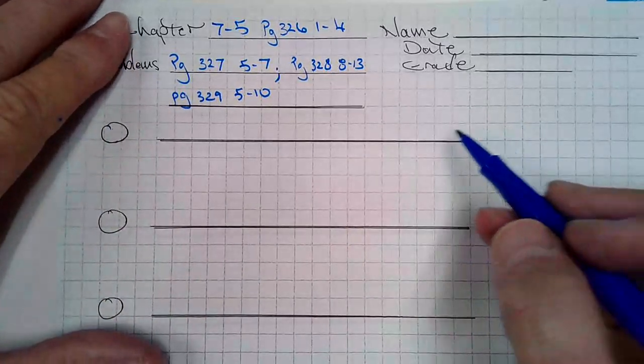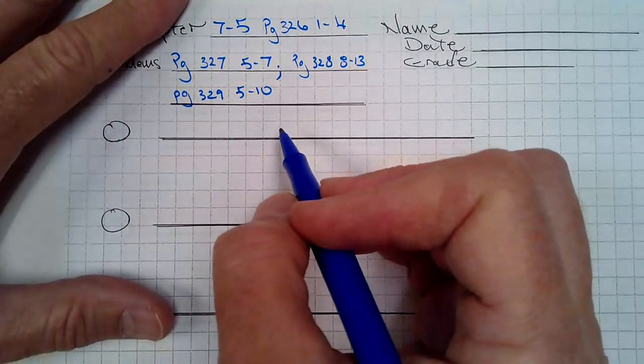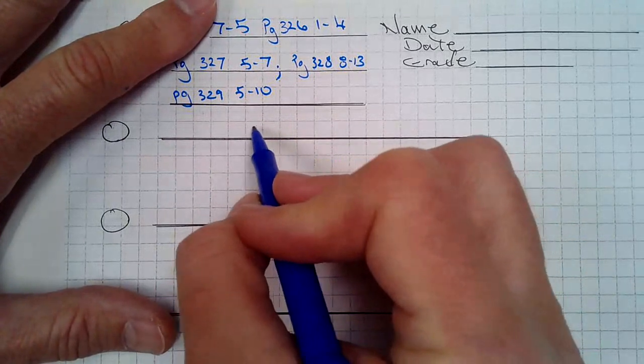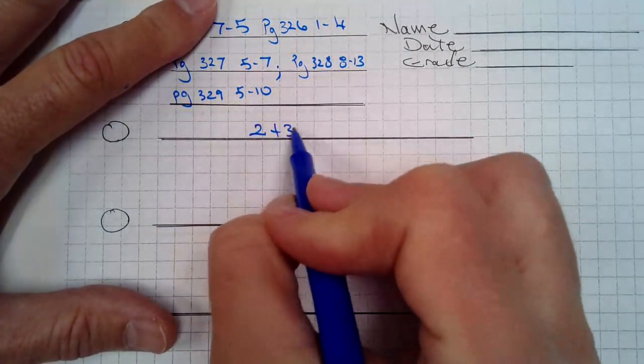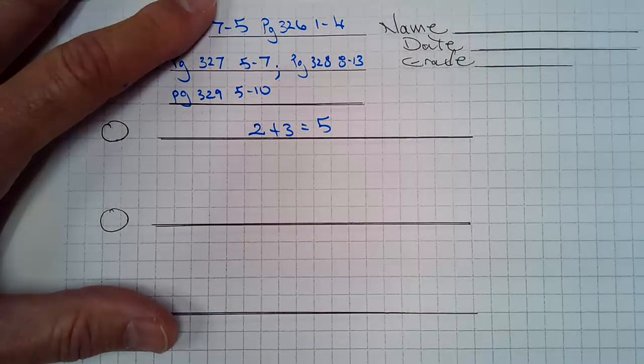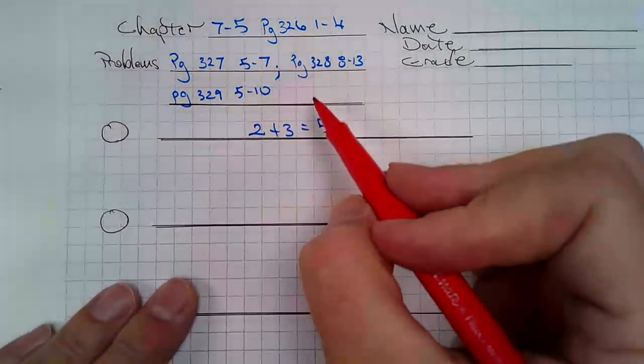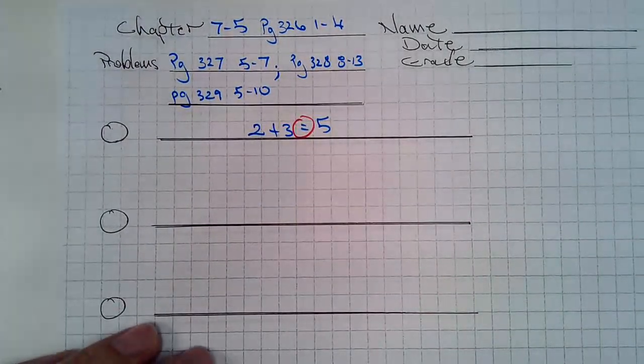I don't know if I made this clear yesterday, but I just wanted to point out something here. If I wrote 2 plus 3 equals 5, that is an equation, because it has an equal sign.